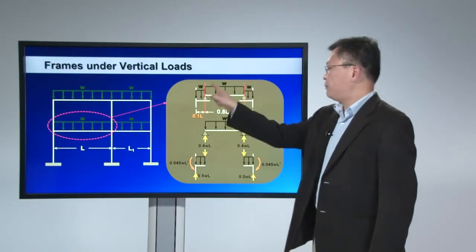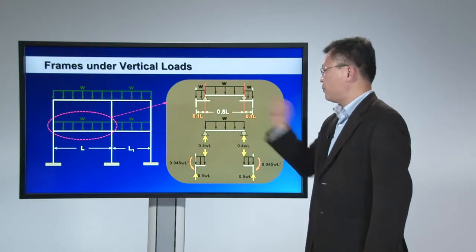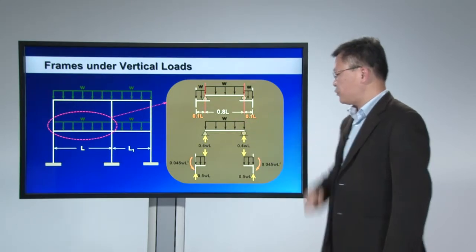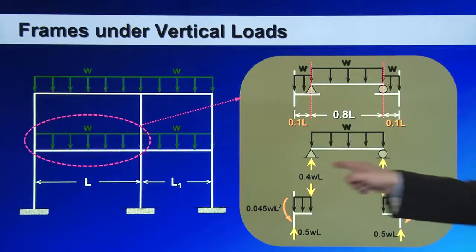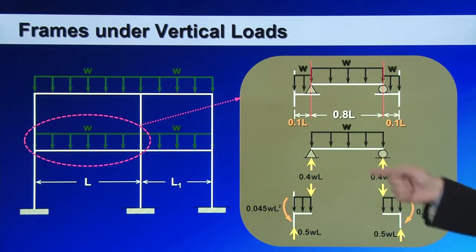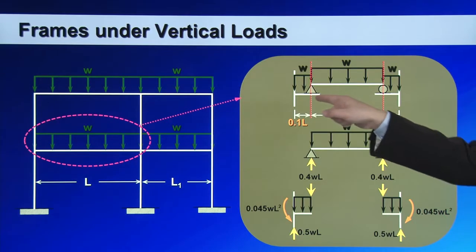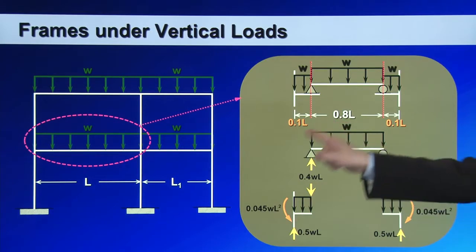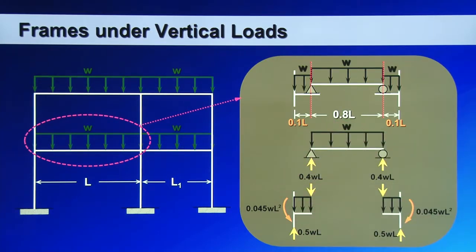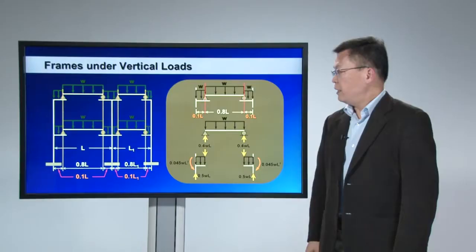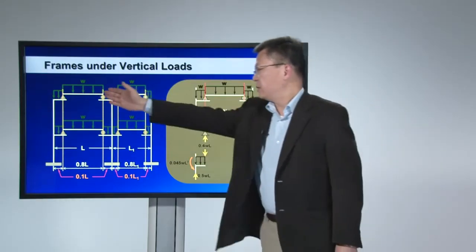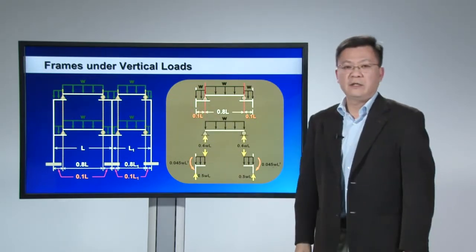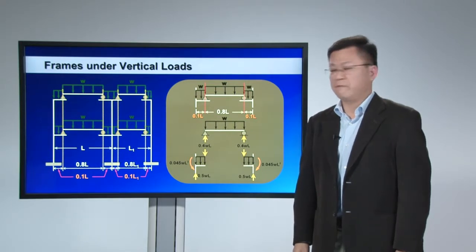You can consider the mid portion here as a simply supported beam, so analyze a simply supported beam under uniformly distributed load. You can get the reactions, and then these two reactions are going to act on the remaining part of your frame. So you can analyze this part of your structure deterministically. If you adopt this concept for the rest of the beams, then you can calculate the reactions and forces inside the frame structure very easily.